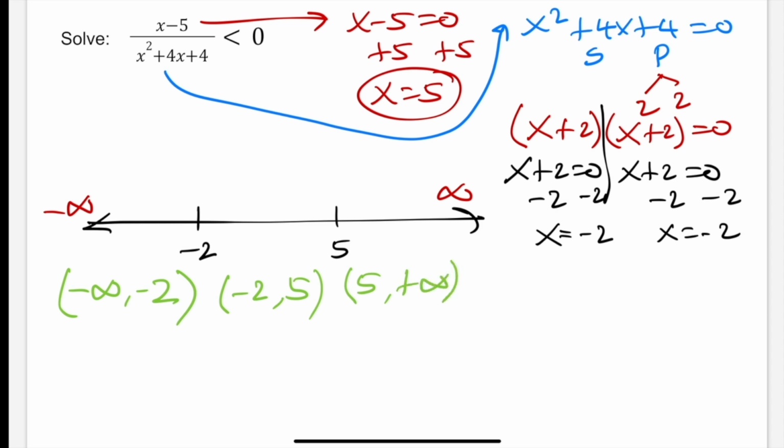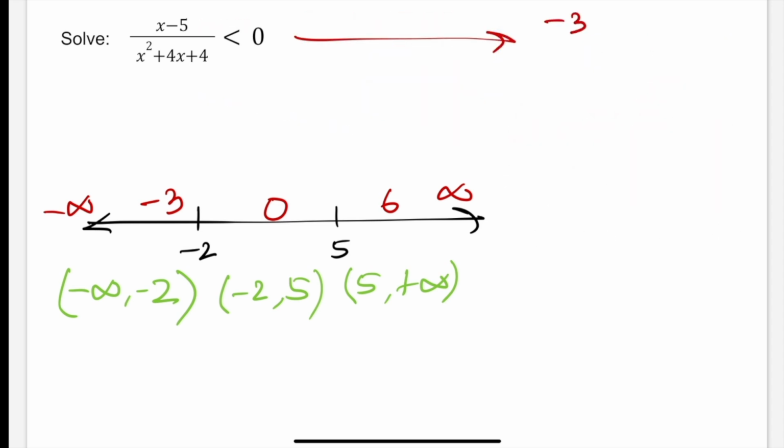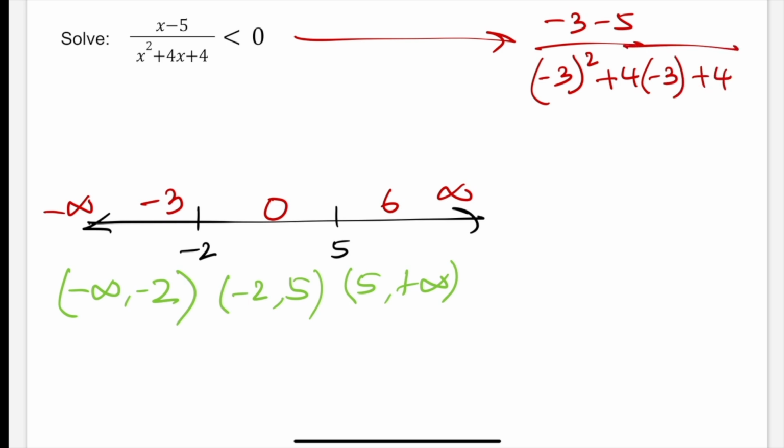Choose a value. Something less than -2, I can say -3. Between -2 and 5, 0 is the easiest one. After 5, choose 6. Don't go crazy with that. Let's replace those values in the original function. Always in the original function. -3 minus 5 over -3 squared plus 4 times -3 plus 4. -8 in the top.